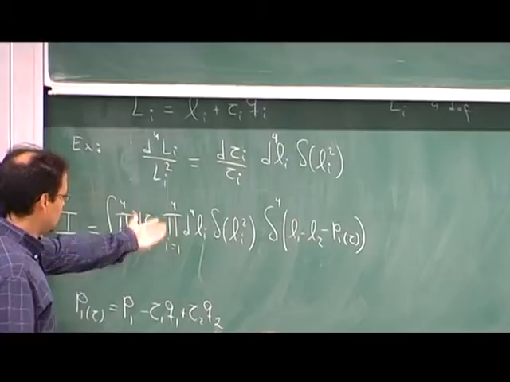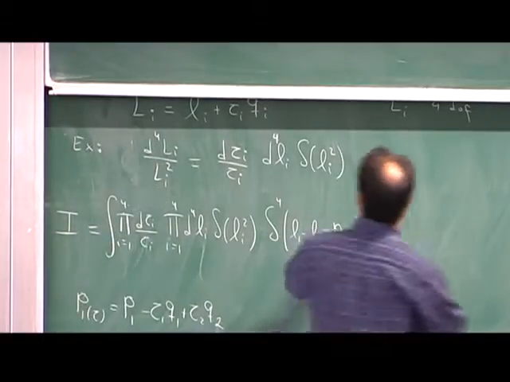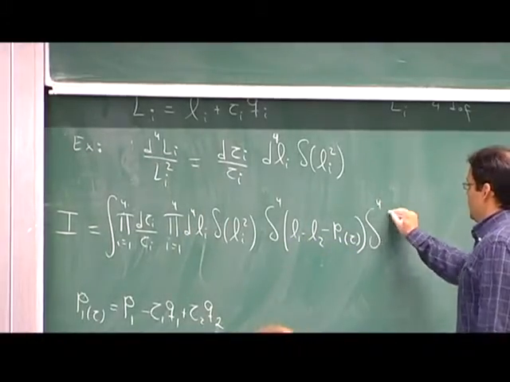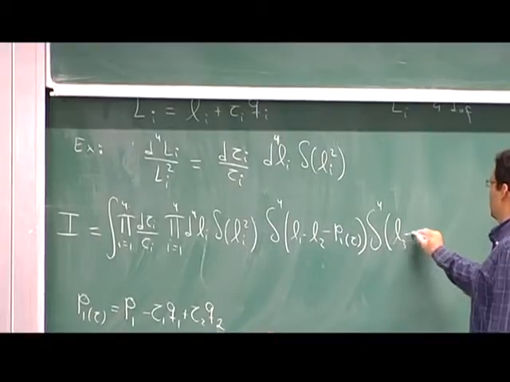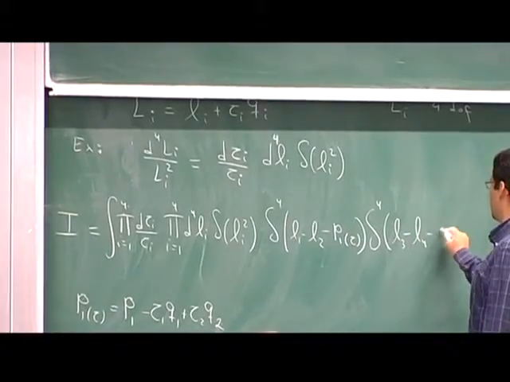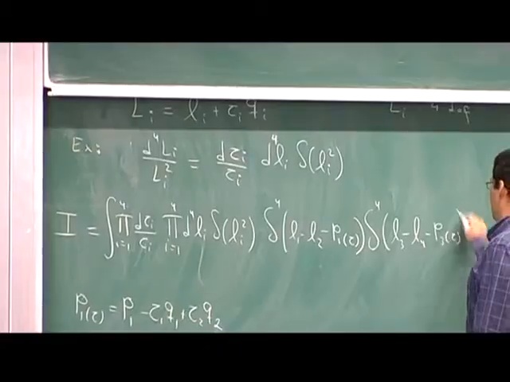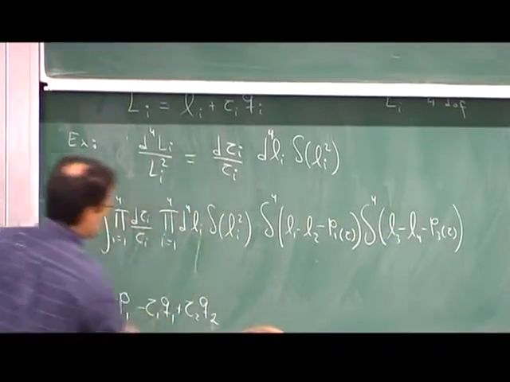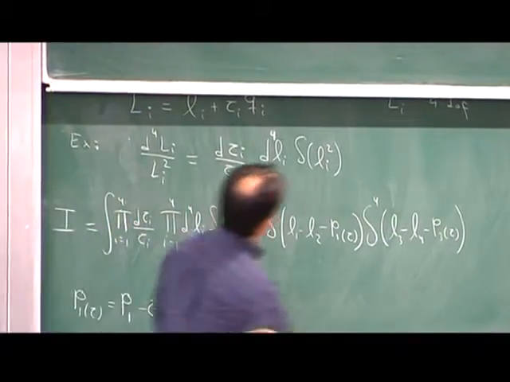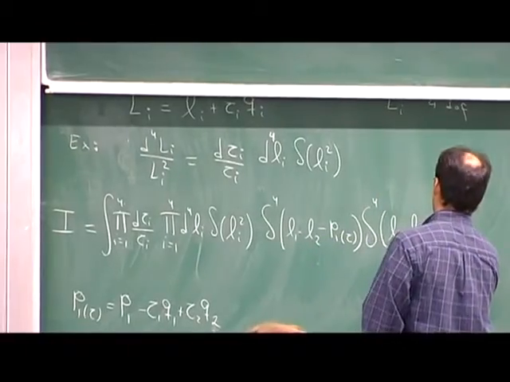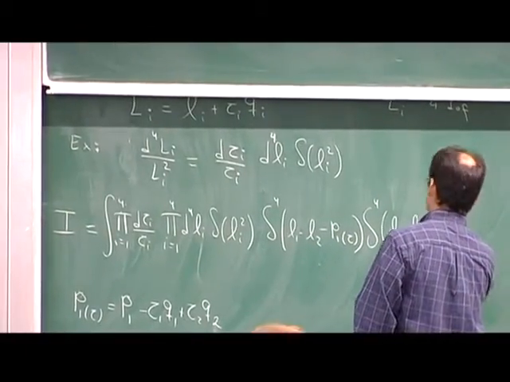right? Now this is P1 of tau. It's just a trivial definition. I haven't done anything yet. The next one is L3 minus L4 minus P3 of tau. Sorry. Shouldn't have been that. Should have been 2, 3, 2.